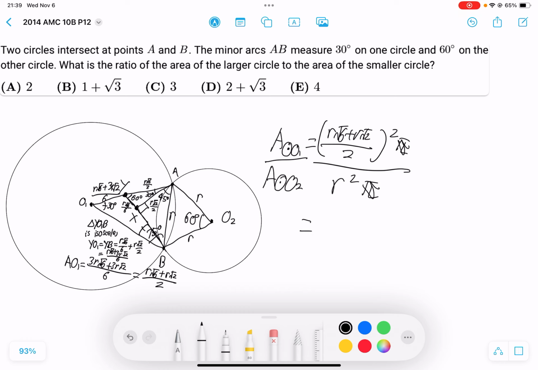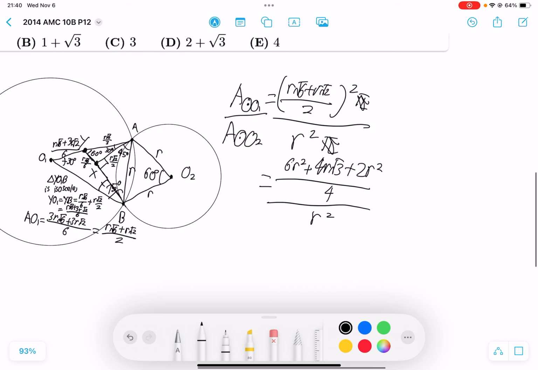We know that the top is going to be 6R squared plus 2R root 12, or you could say 4R root 3, plus 2R squared over 4, and then over R squared.